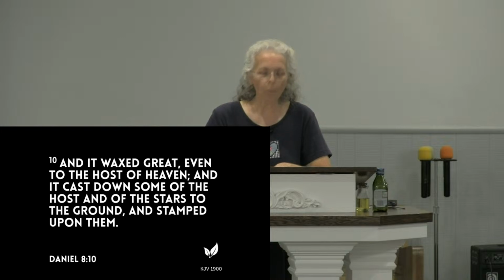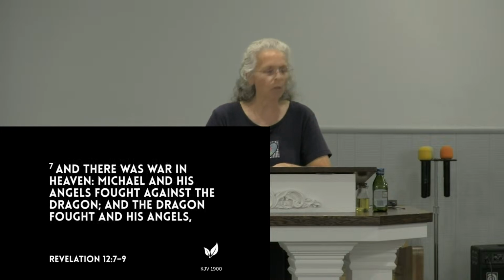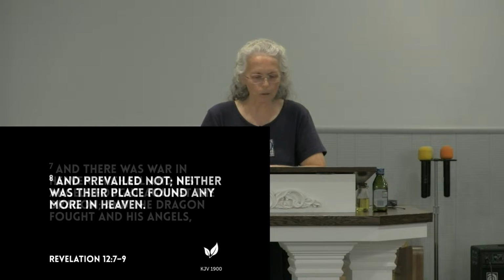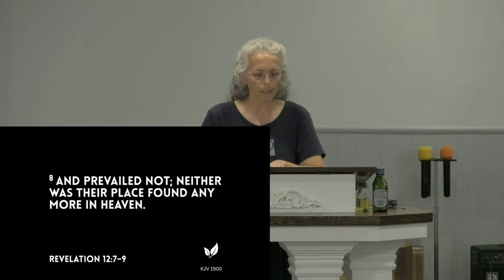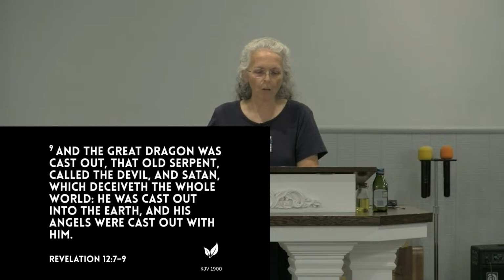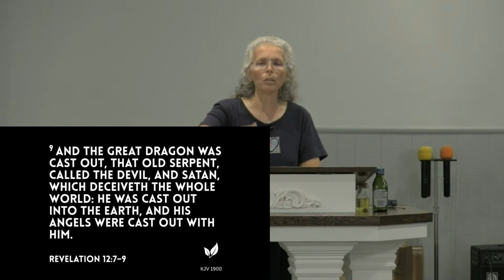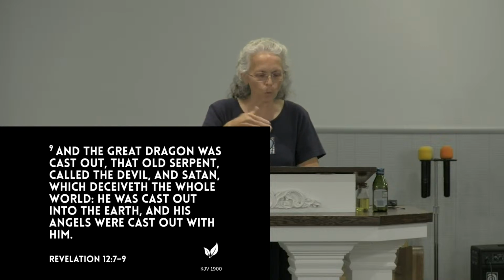It tells there about the war in heaven where Michael and his angels fight against the dragon, Satan, and his angels. In verse 9, it describes Satan as a red dragon and tells that his tail draws a third of the angels and casts them to the earth. So this is the same depiction of what we just read in Daniel.